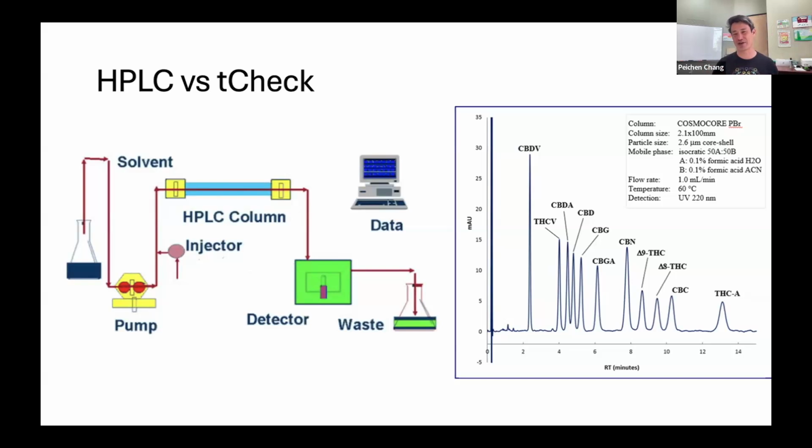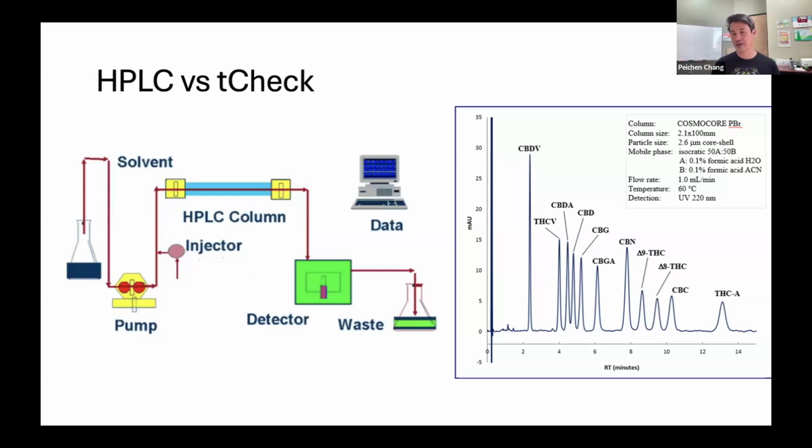HPLC works very, very similarly. When we start injecting the water-acetonitrile blend, the cannabinoids start falling off of the HPLC column, because we load the cannabinoids into the column first and then start flowing this solvent through. The graph on the right is what the HPLC sees.